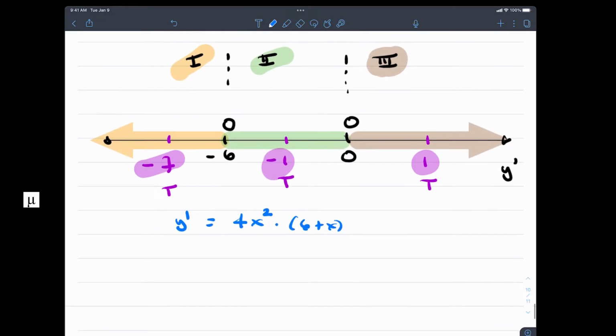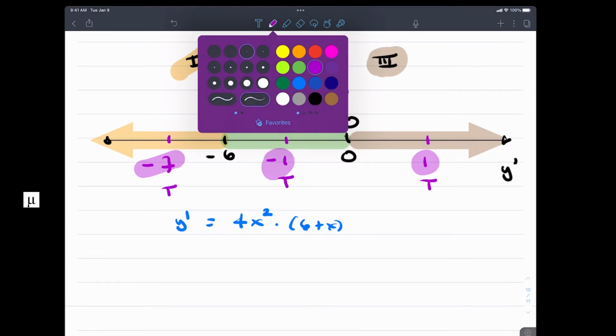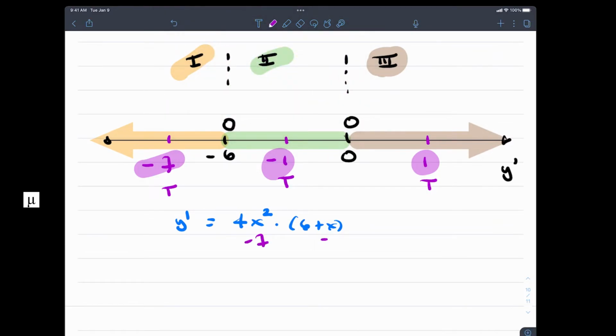Now, I always use the derivative that's factored because it makes the arithmetic easy. Or I should say it makes it easier, right? So it's easier arithmetic. So if I plug in now, -7, what do you get here?